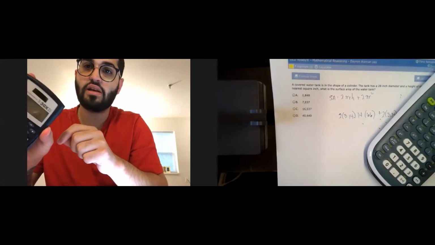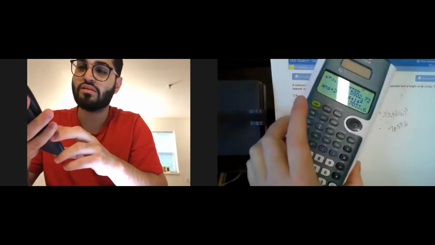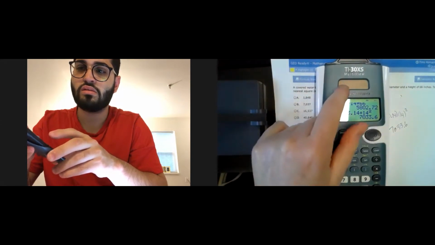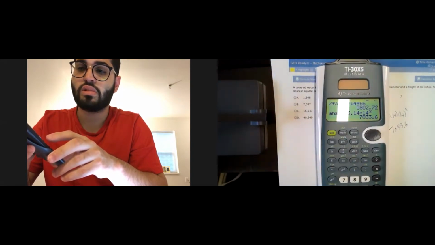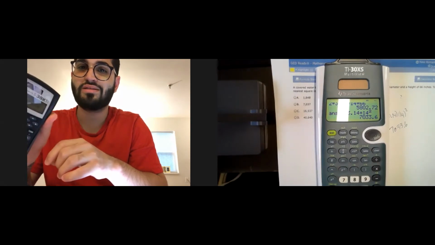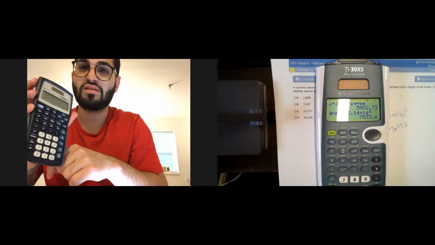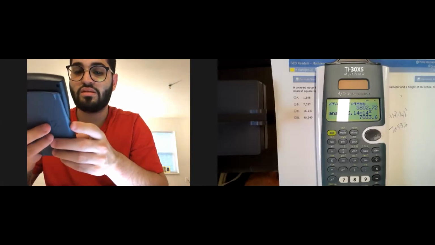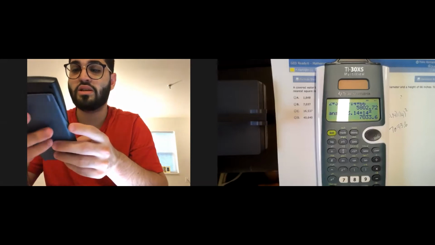The one that you're able to go to the test with is this one, right? The 30XS multi-view. Oh my God. I have 30X 2S. Yeah, they won't let you take that one in. Not this one. No. Do you? They're way too picky on me.